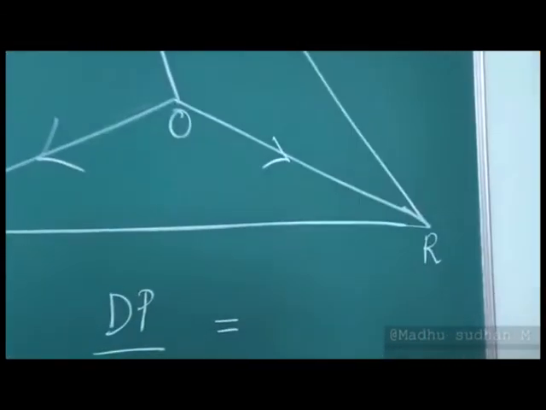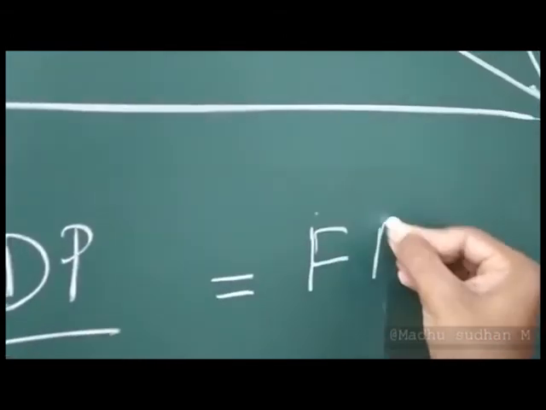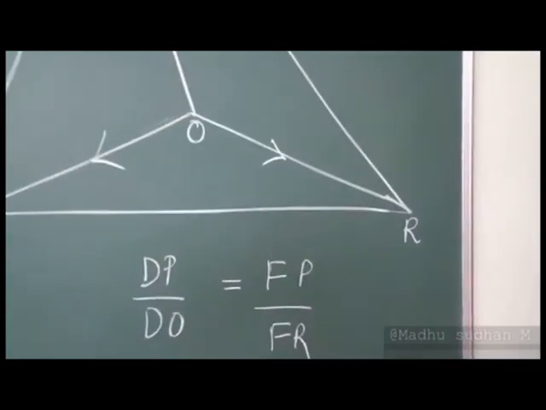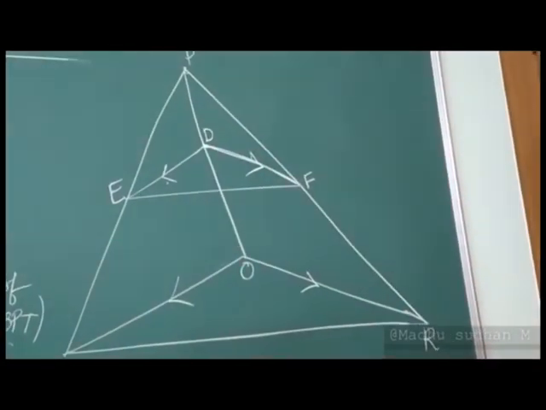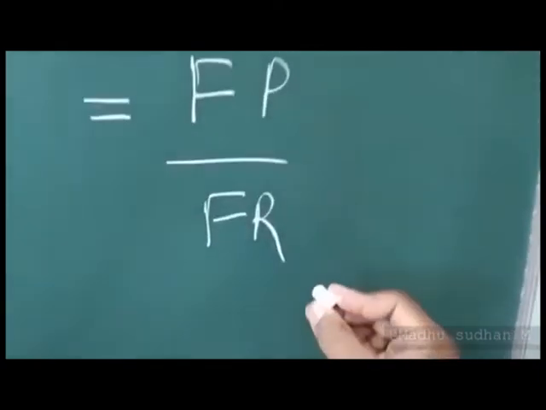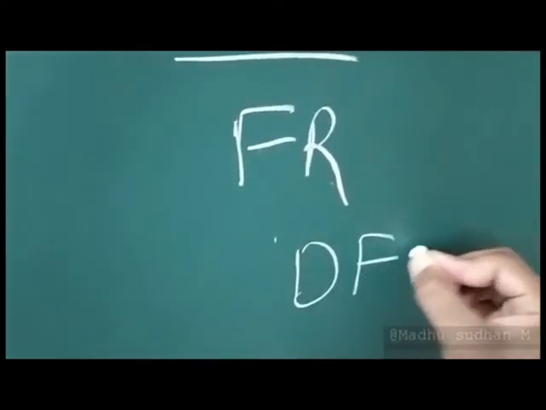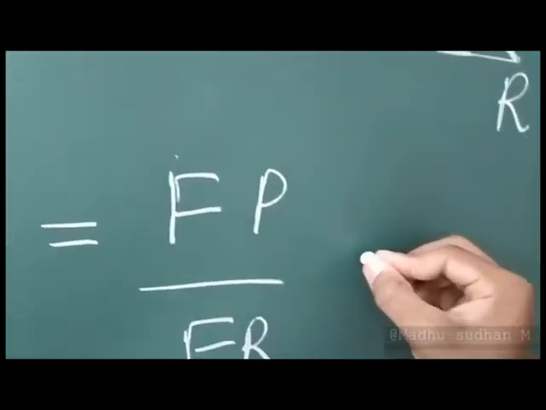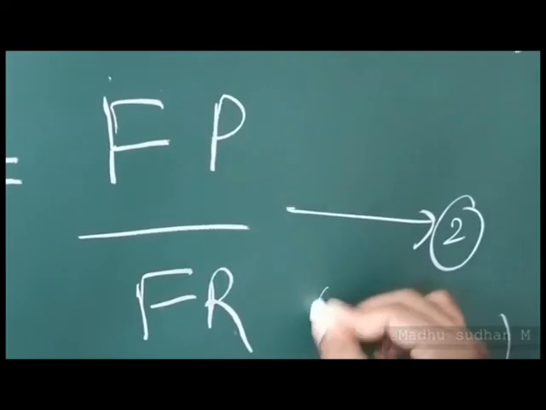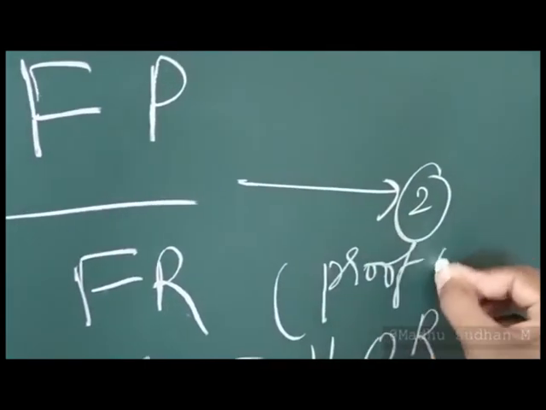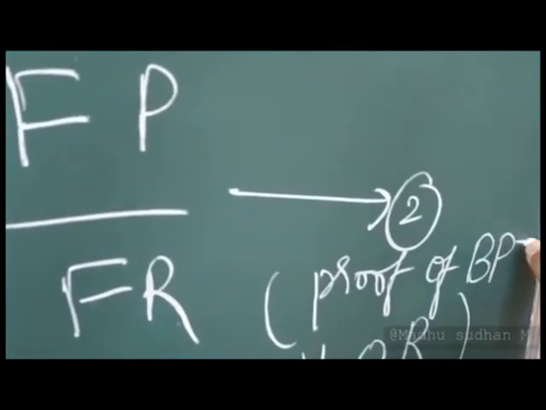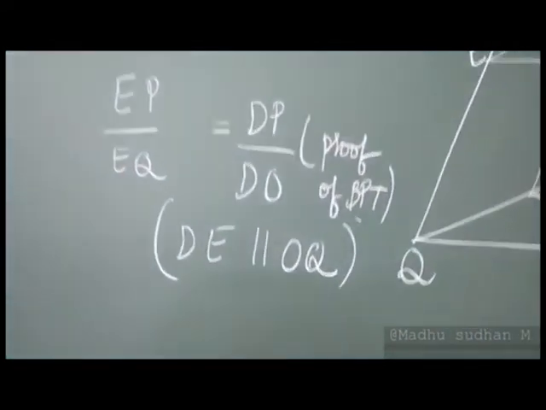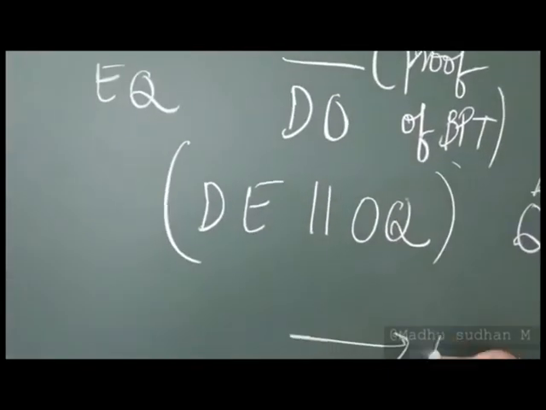So let me write FP by FR. What is the given condition there? Which line is parallel to which one? DF and OR. So please write DF parallel to OR. This is the given condition, and this shall be my equation 2, and this is actually the proof of BPT applied for this given diagram. Followed it. So let me call this as equation number 1. This is my equation number 1.